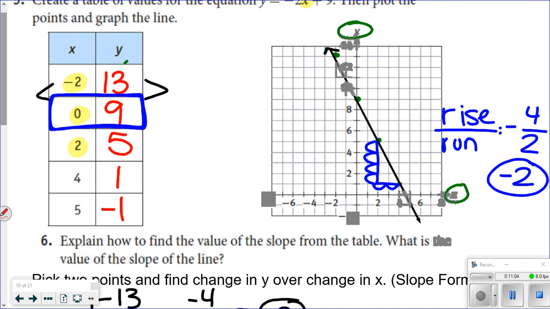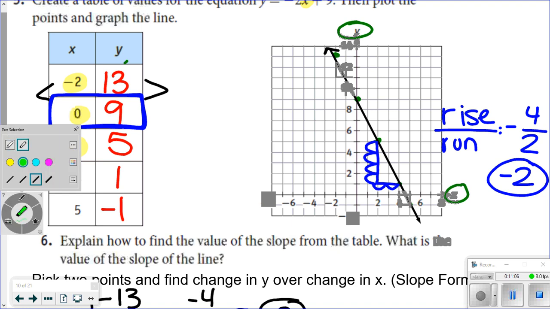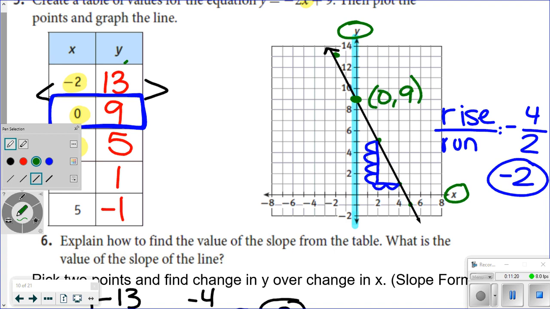I can highlight that for you in blue. This is our y-axis right here. Where does our line intersect that or cross that? It occurs right here at this point, and that point is 0, 9.